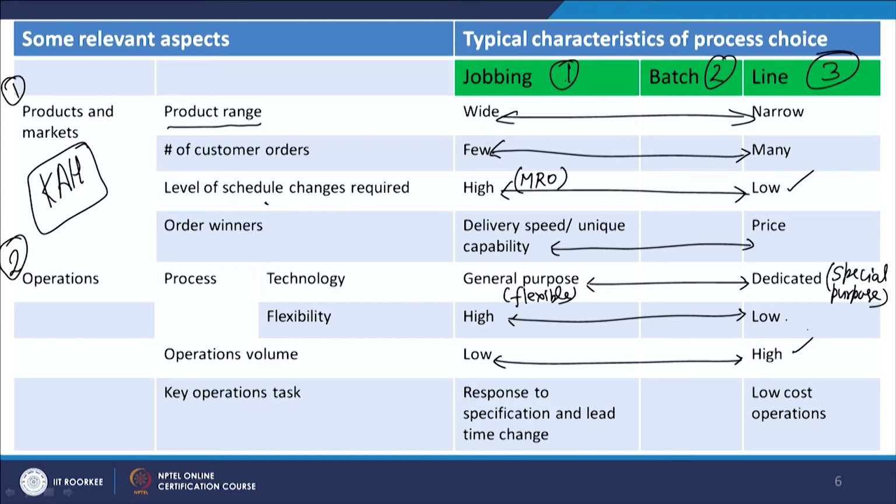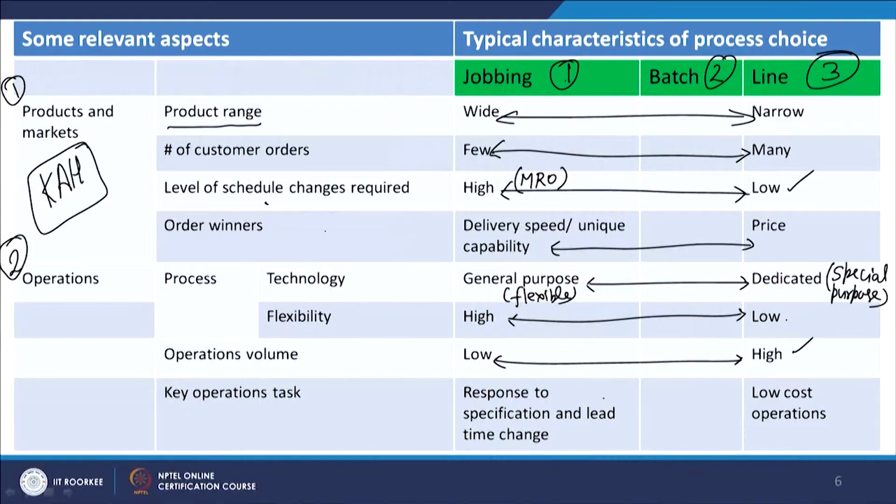And another important thing which is similar to order winners, the key operation task, that is, what is the important role operation is going to play. Now, the important role operation can play can also vary between two extremes. One extreme says that response to specification and lead time change is one important role of our activities, and the other important role of operation can be to provide low cost of operations.